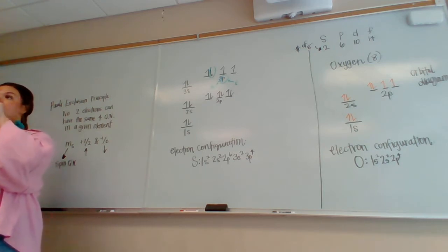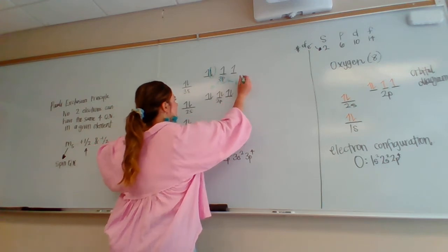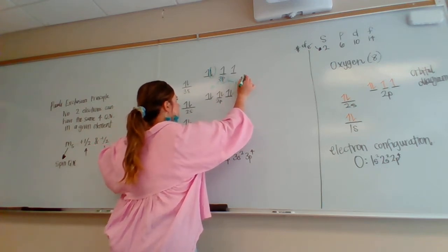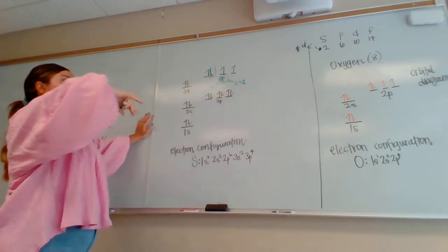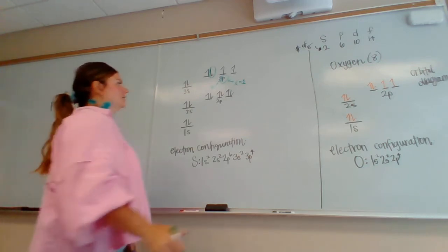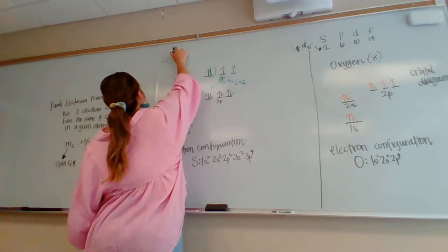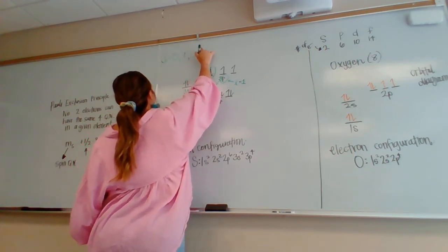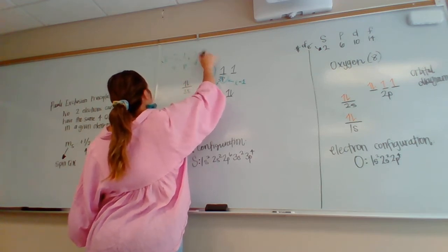So what is L? What number is it equal to if I have a p orbital? The p orbital, 1. Your L value for a p orbital is always 1. Remember, L 0, 1, 2, 3 corresponds to s, p, d, f.